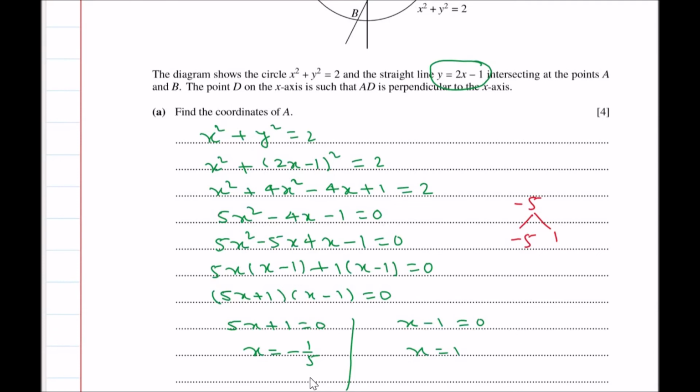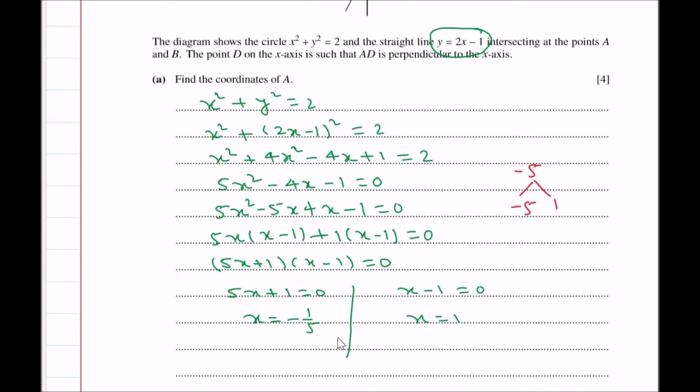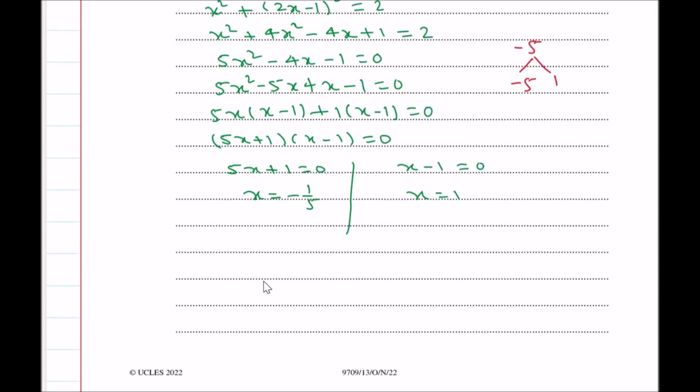And as you can see in the diagram, it is on the positive x-axis. So x = −1/5 is not valid for us. So we will take x = 1.